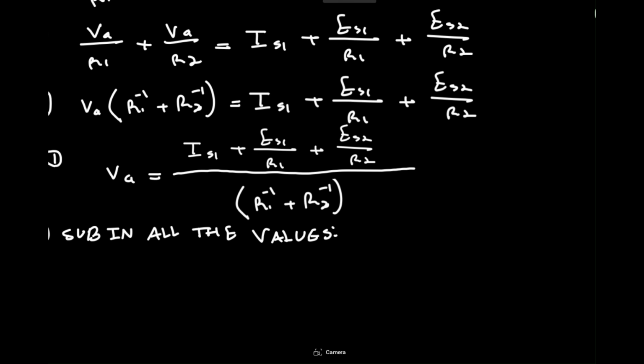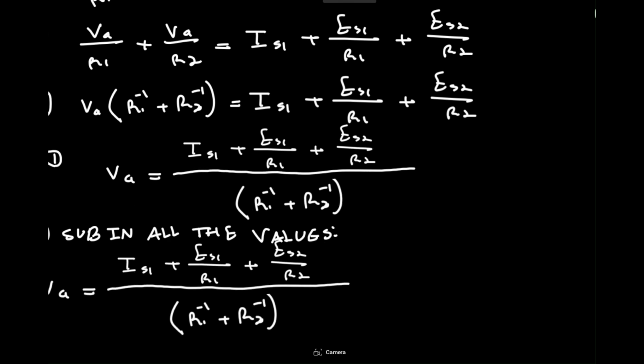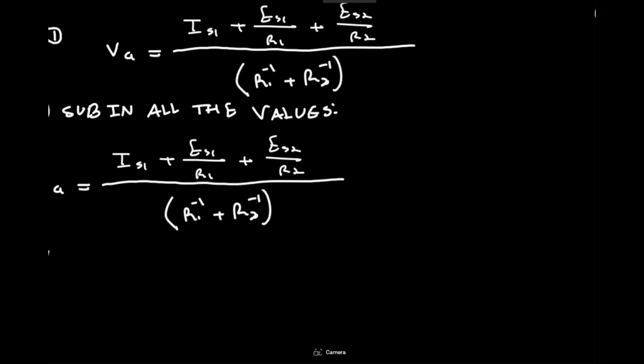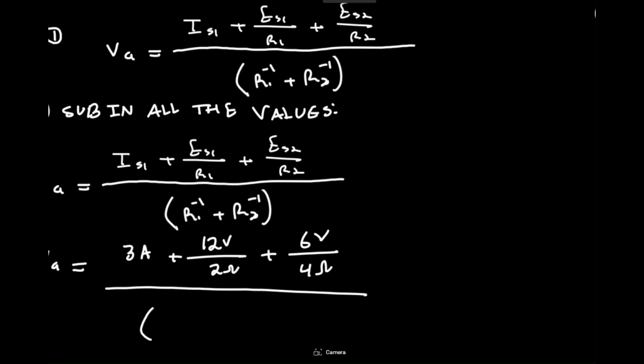Okay, so we're just going to get this equation right here. Perfect. Get that. And then just sub in. So we have VA is equal to I source 1, which was 3 amps, plus E source 1 was 12 volts, over R1 was 2 ohms, plus E source 2 was 6 volts, over 4 ohms, all over the inverse of 2 ohms plus 4 ohms inverse.